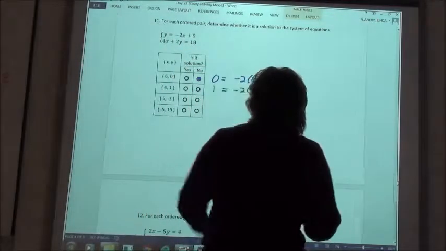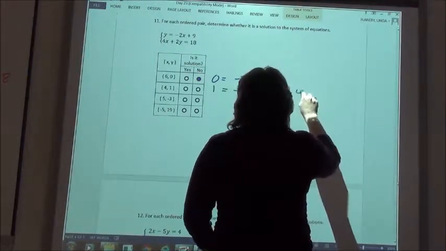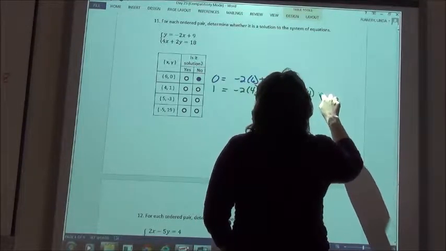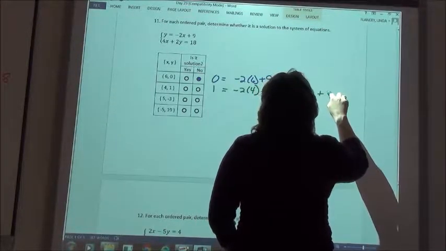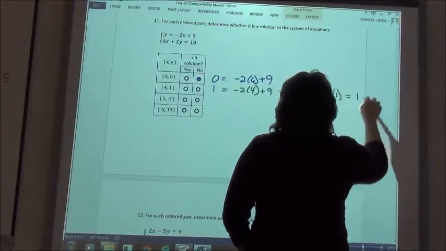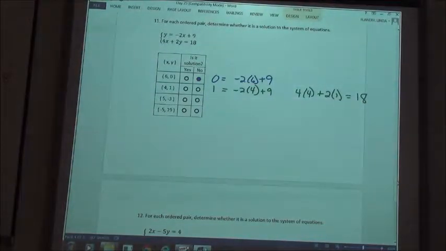So checking the second line, we would do what? 4 times 4 plus 2 times 1 has to equal 18. Oops, error.